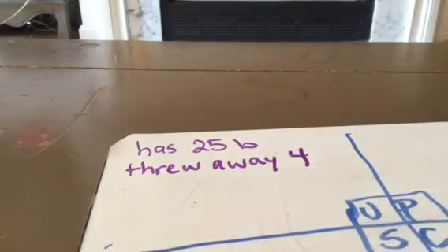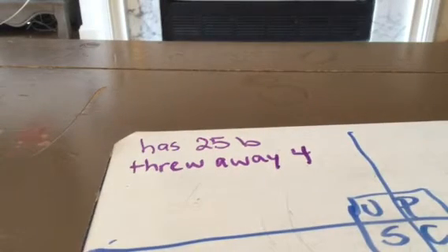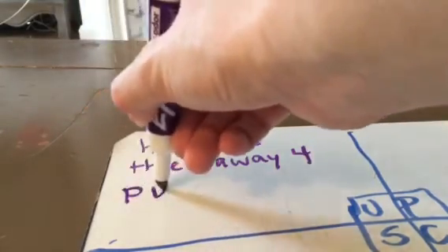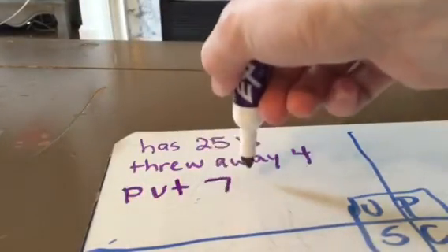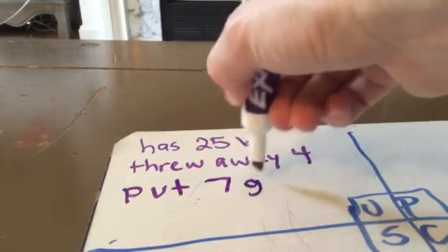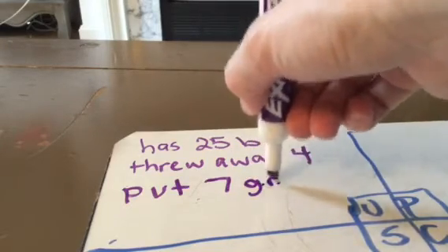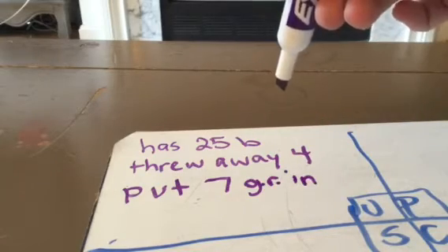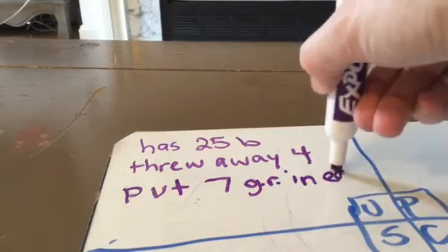That's the second sentence. Third sentence, in each of the remaining balloons, she put 7 grains of rice. So she put 7 grains of rice in each of the balloons left.